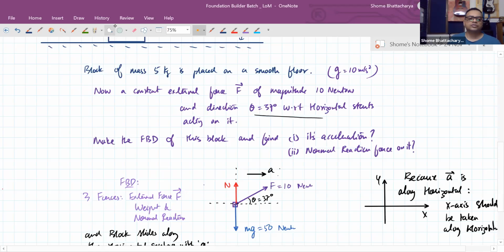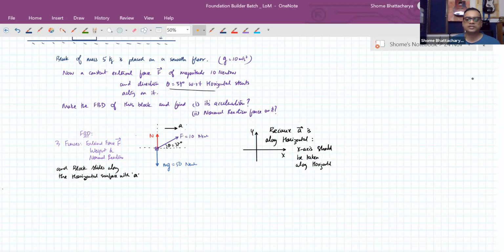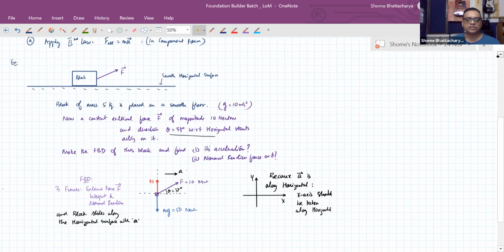Okay. So how far have we reached in our free body diagram method? We have reached up to the second step where we have shown all the forces. But now what we need to do is resolve the forces. So to resolve the forces, we need to decide our system of axis. So why have we taken our system of axis as x-axis horizontal and y-axis vertical? Because the acceleration of the body is along the horizontal.